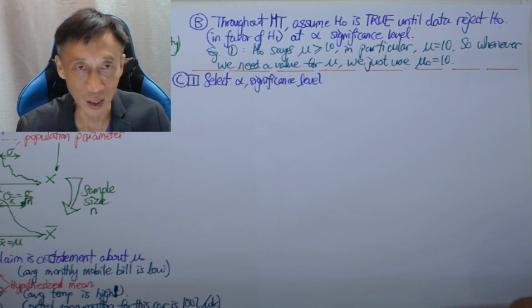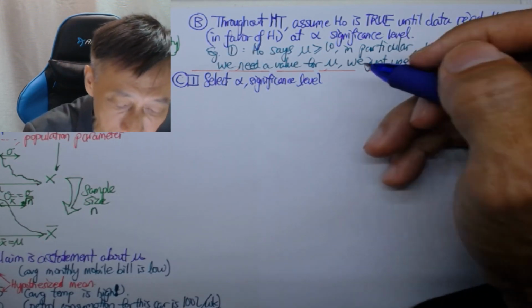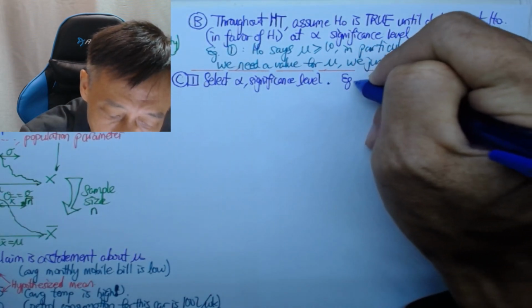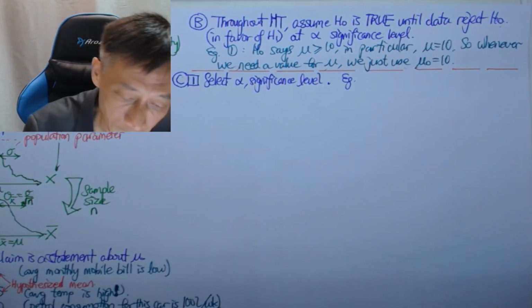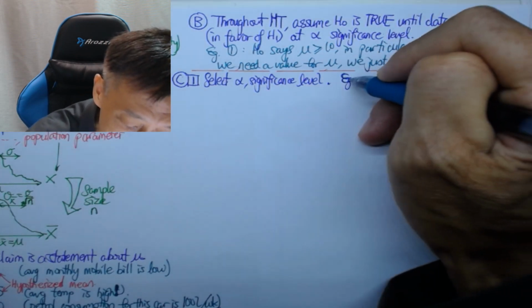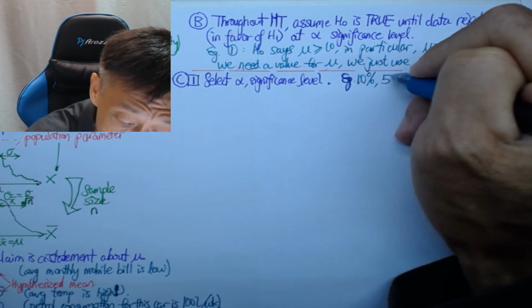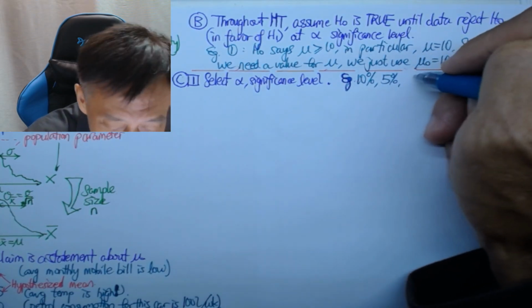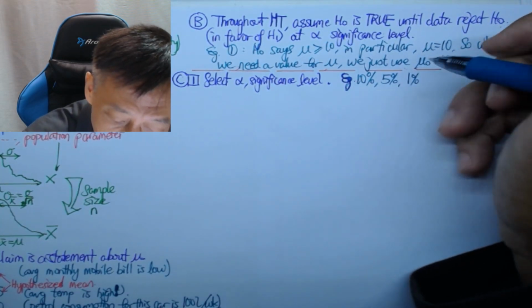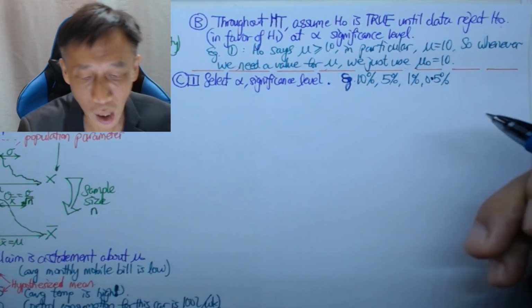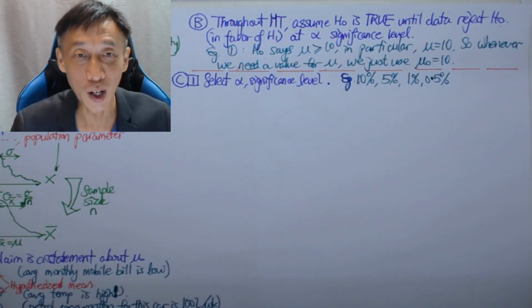So this is just another selection. So what is alpha? Typical values will be 10%, okay, 5%, sometimes 2%, but will go to 1%, sometimes 0.5%. But that's about it.